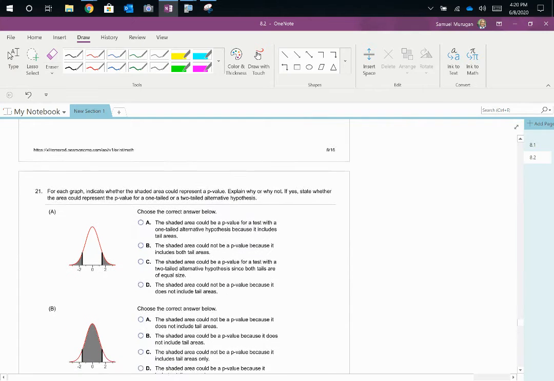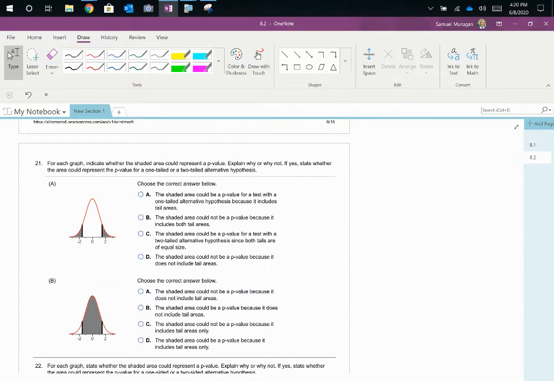Question 21. For each of the graphs, indicate whether the shaded area could represent a p-value, explaining why or why not. If yes, state whether the area could represent a p-value for one tail or two tails. So right here we have one tail on the left at -2 and one tail on the right at +2. So the shaded area could be a p-value, which is answers A or C, for a test with a two-tailed alternative hypothesis.